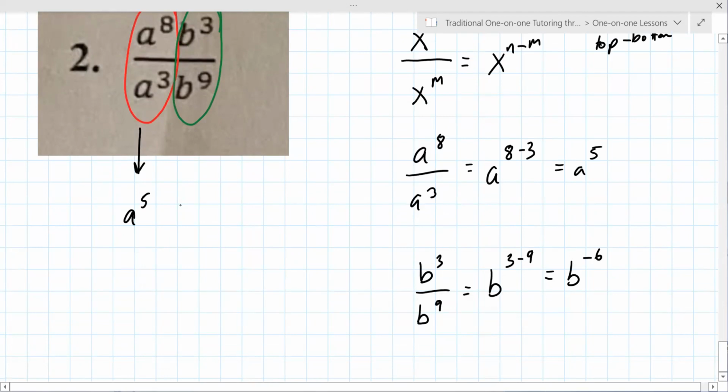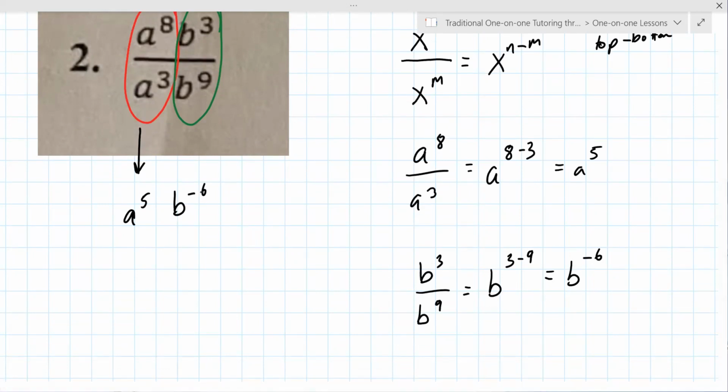The answer to this is always in the numerator, whether it's positive or negative. Is that okay? Is that clear? Yeah. Okay. Now we still have more to do, but this is a good start.